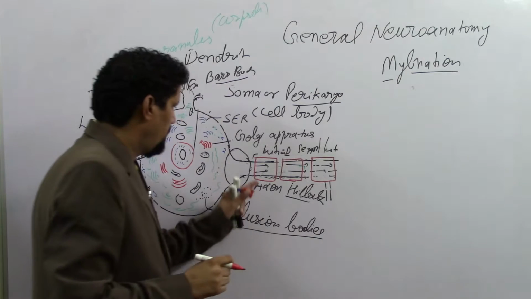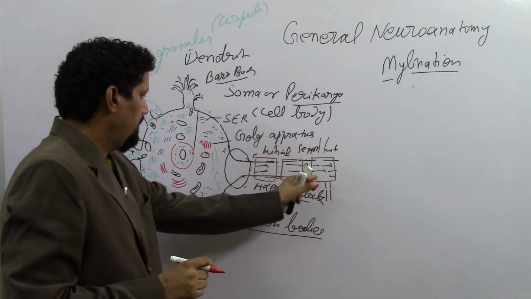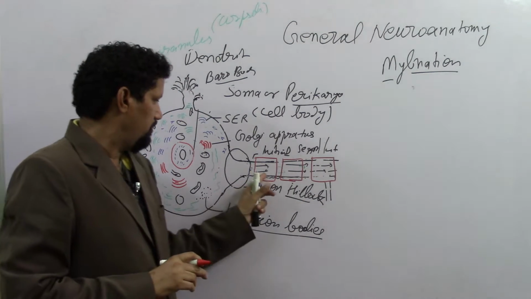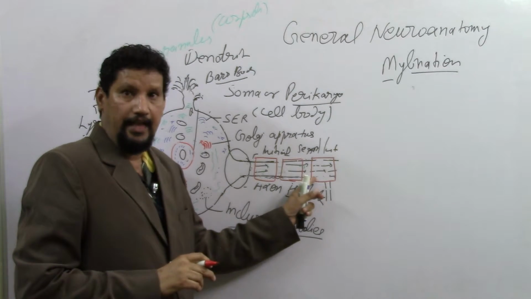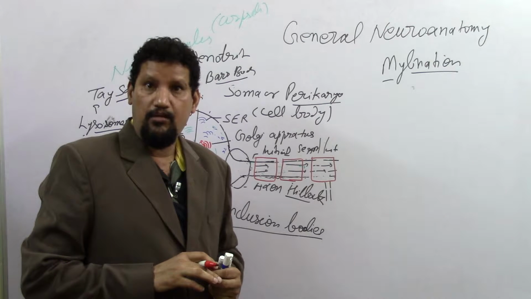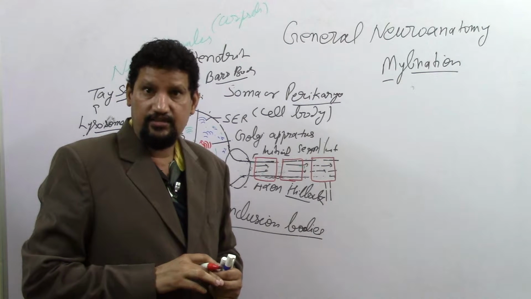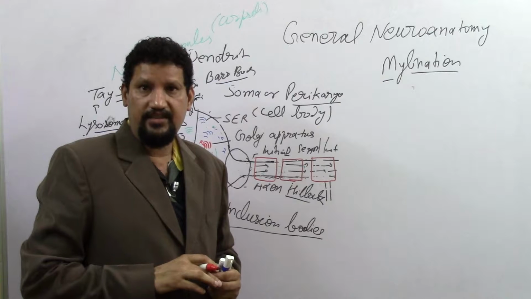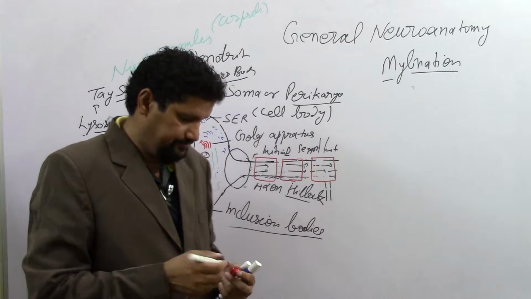So these are segments of the axon covered by a lipoproteinous substance known as myelin sheath, and the process of formation of the myelin sheath is known as myelination.